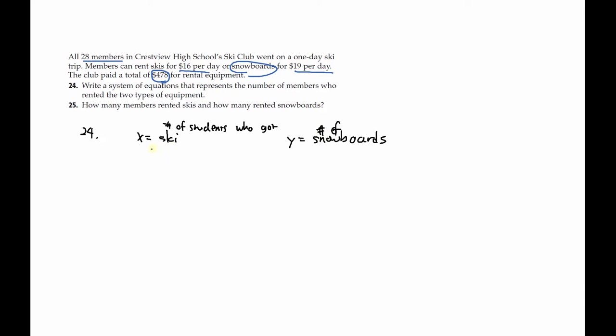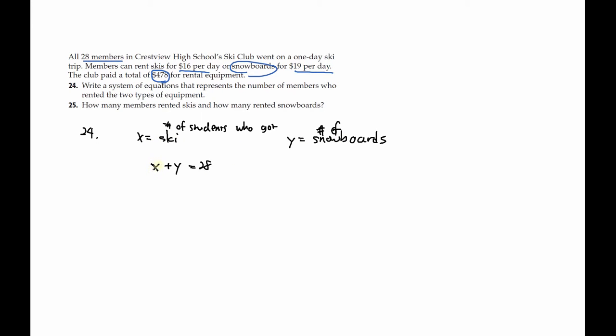Once I set these variables, all I have to do is piece them together in the context of the problem. So I'm going to get x plus y equals 28 because they can only borrow one. I don't think there's a constraint where you can get both. Let's make it simple. They either choose ski or snowboard.